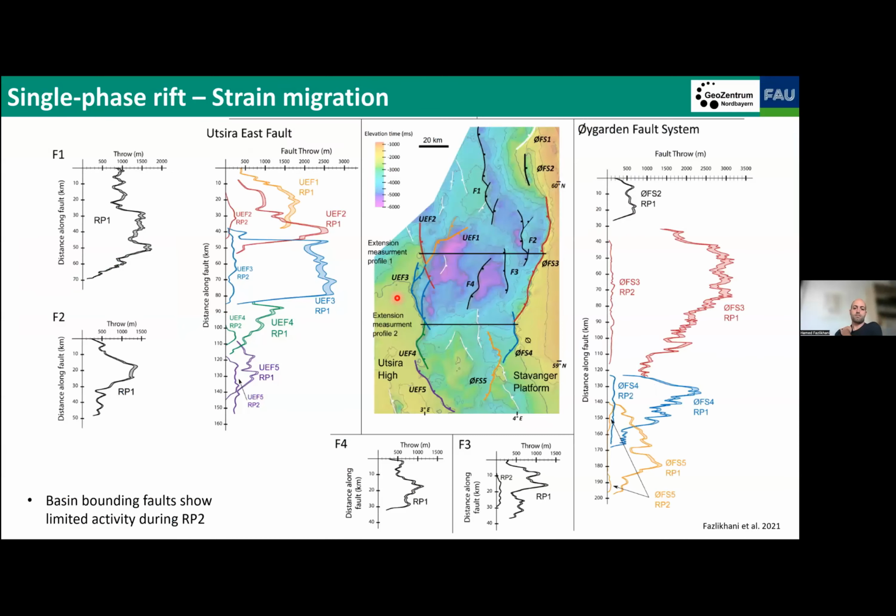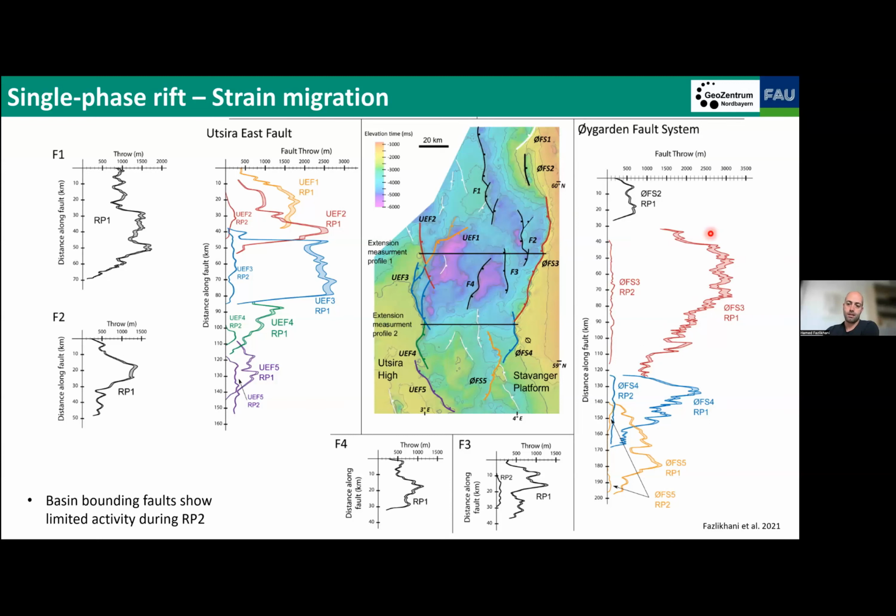So in terms of the strain migration during these Permo-Triassic rifts, if we look at the fault throw versus distance plot, it might look like a bit of a busy profile. Anyway, on the right-hand side is the Øygarden fault system, the eastern bounding fault, and we are looking at different segments.